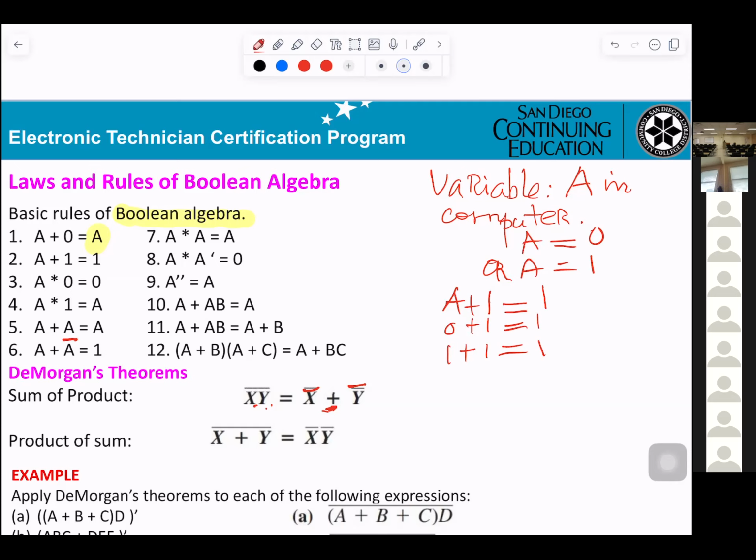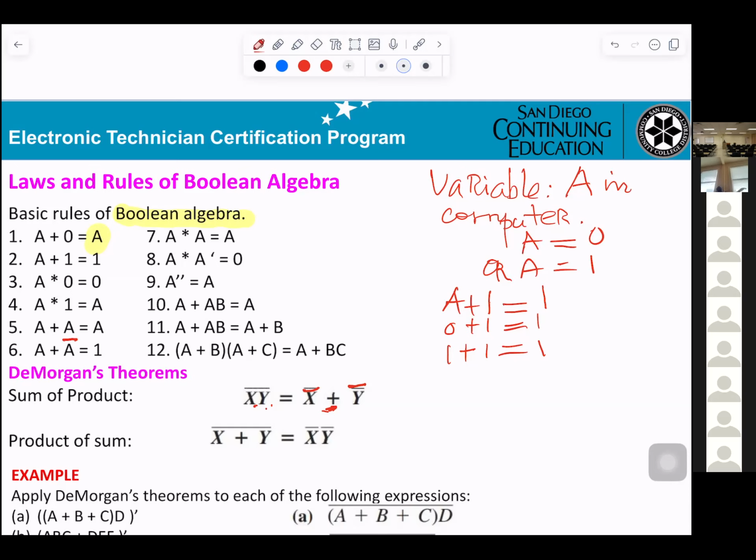Just 1 or 0. So A times 0, then you get a 0 for sure. A equal 0 times 0, you get 0. A equal 1, 1 times 0, you get 0. Okay?